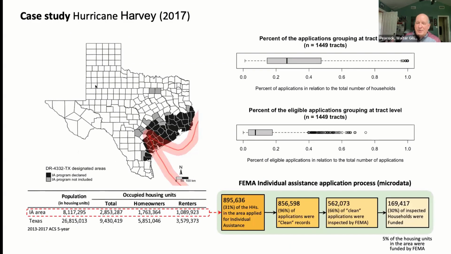With Hurricane Harvey, we're able to get at, again, richer and more spatially refined modeling. Hurricane Harvey, if y'all remember, was a wind event for the Coastal Bend area, and then a massive flood event up in the Houston, Galveston, Sabine Pass area as well. This gives you a sense of the number of applications, almost 900,000 applications that went in, and about 170 were actually funded.